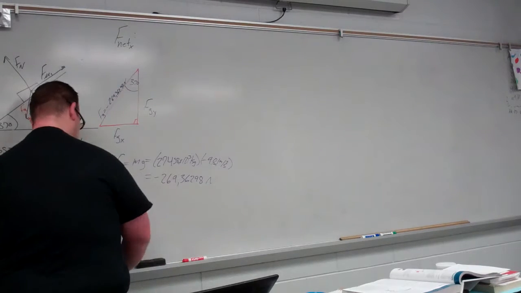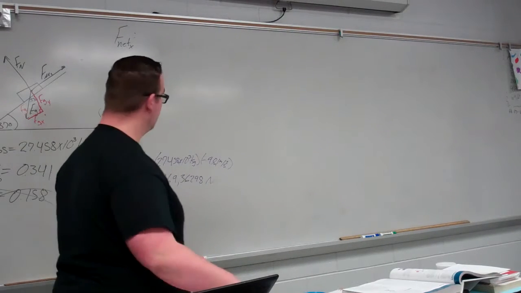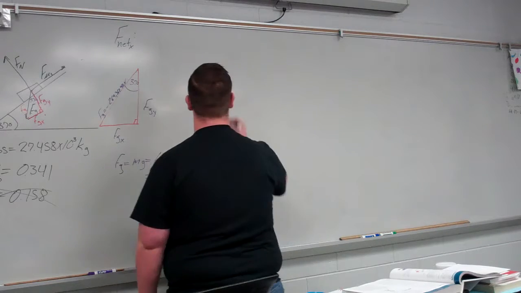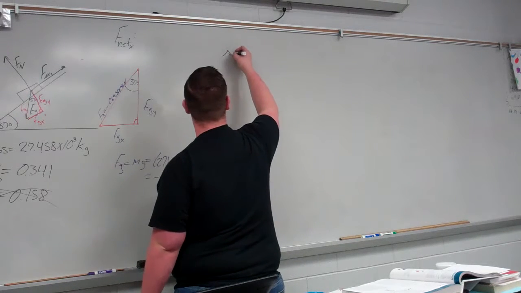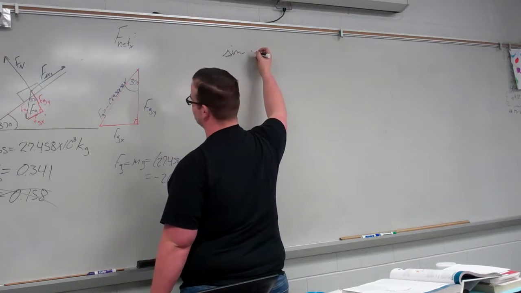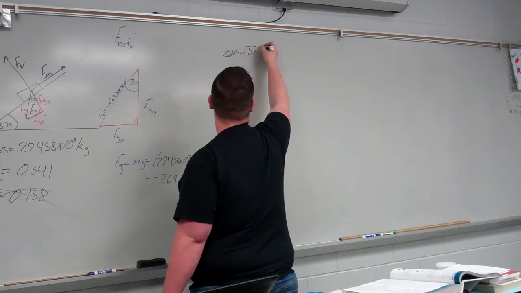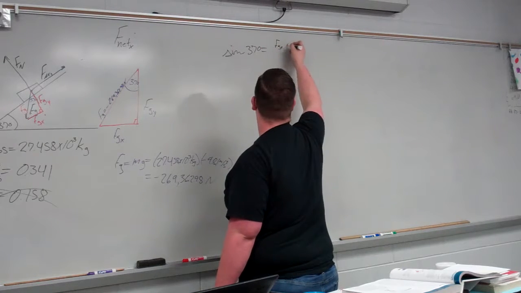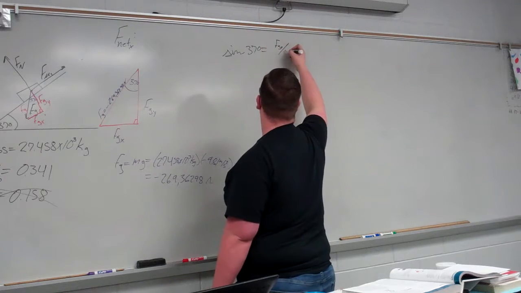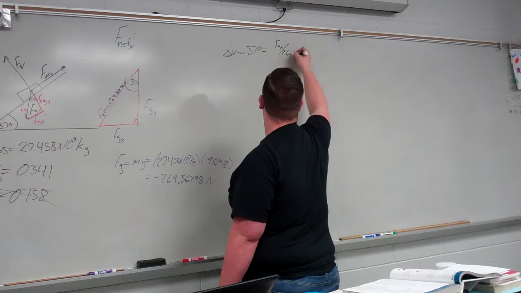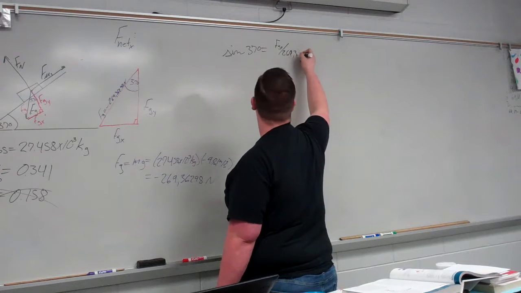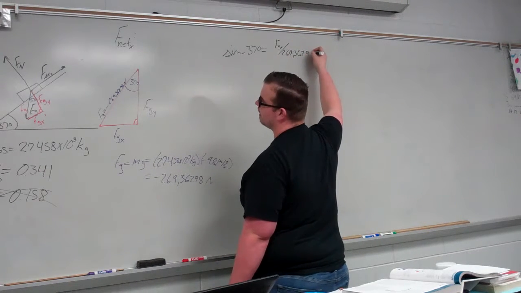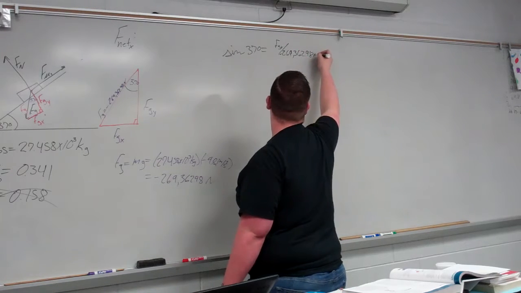So starting us off, we'll do sine, that's fine. So we have the sine of 37 degrees is equal to the force of gravity in the x direction divided by 269,362.98 newtons.